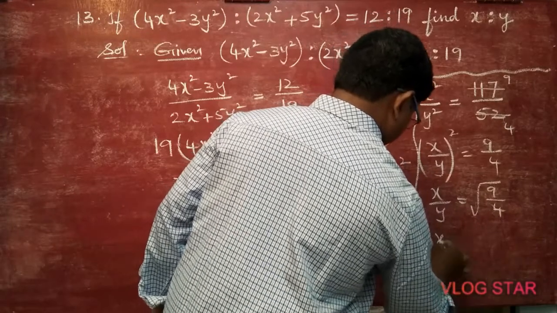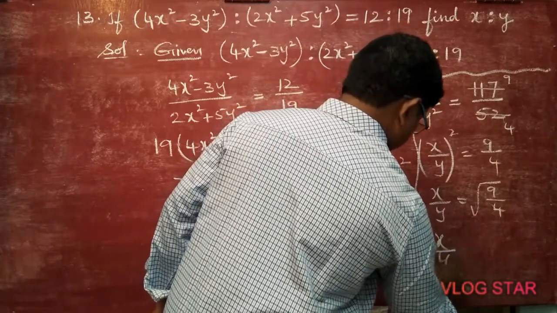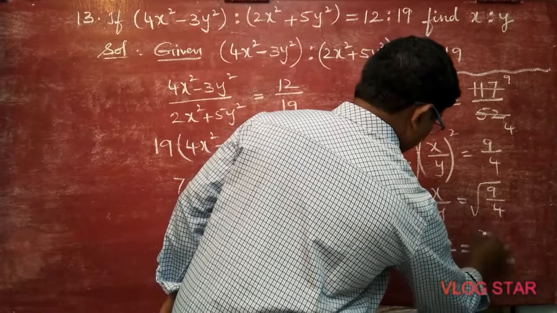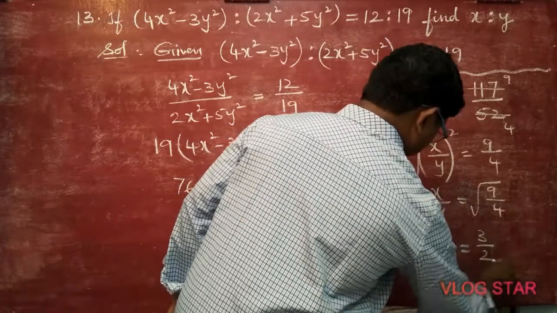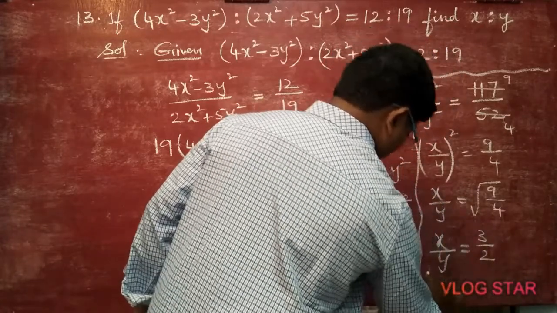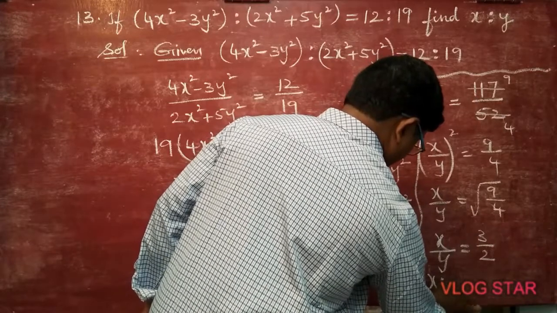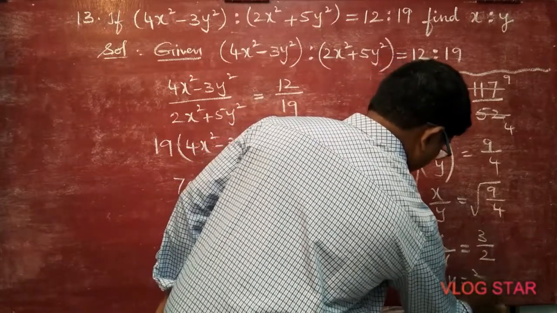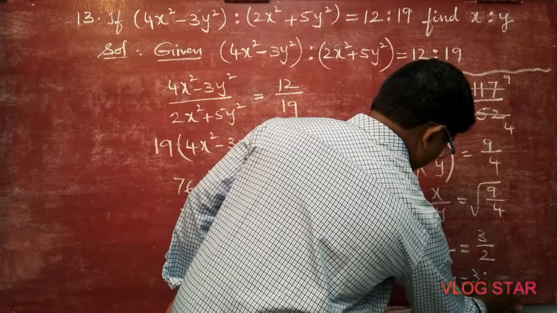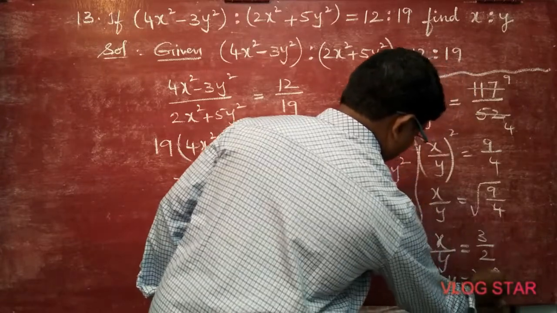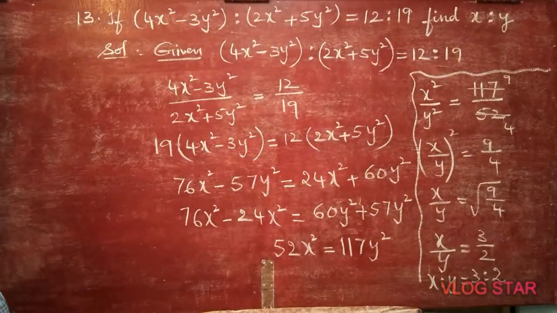So x by y is equal to 3 by 2. Now they are asking x is to y. x is to y is equal to 3 is to 2. That is a way of simplifying.